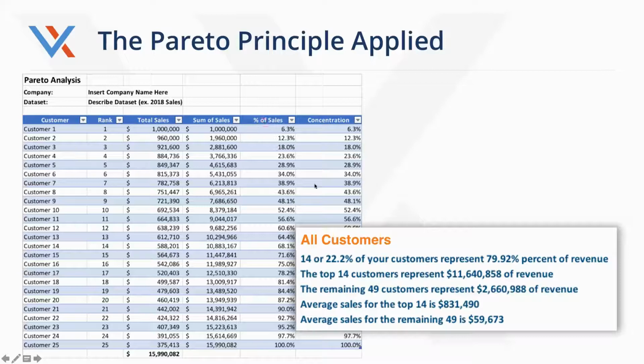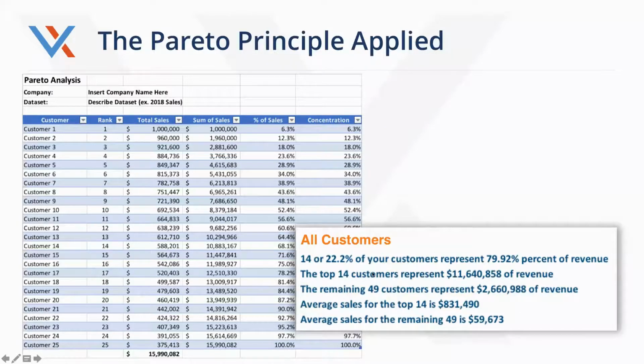I just threw some fake data in here because I didn't want to share specific customer information. But then we also look at customer concentration. How much of a company's business does a single customer or a group of customers represent?